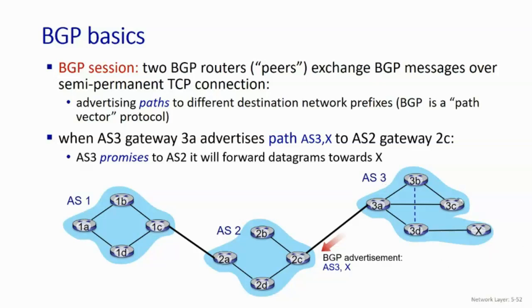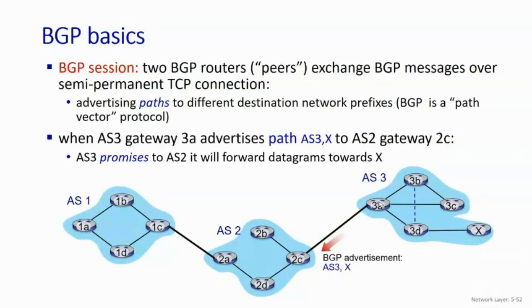As a part of the OSPF routing protocol, each and every router knows about all the routers. So 3A will definitely have a new entry in the OSPF forwarding table to reach X. Whenever there is a new entry in the OSPF forwarding table, it automatically advertises that existence to the other autonomous systems. Now 3A just transmits the packet to 2C.